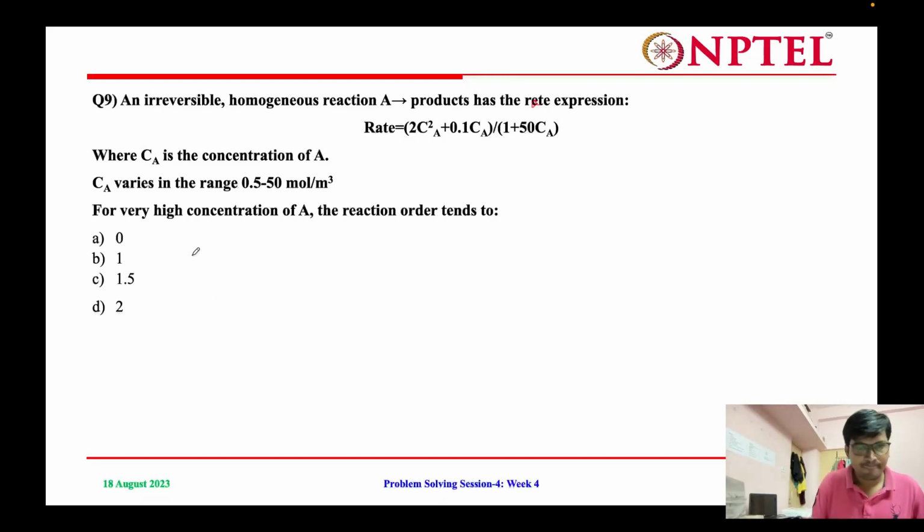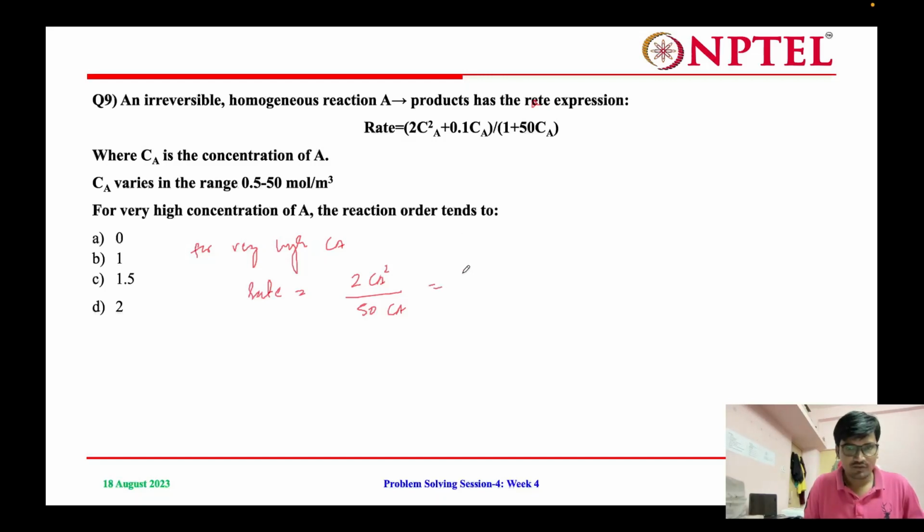So for very high C A, the rate equation becomes rate equal to 2 C A square by 50 C A, equal to 1 by 25 C A, right? So here n is equal to 1, so it's first order.